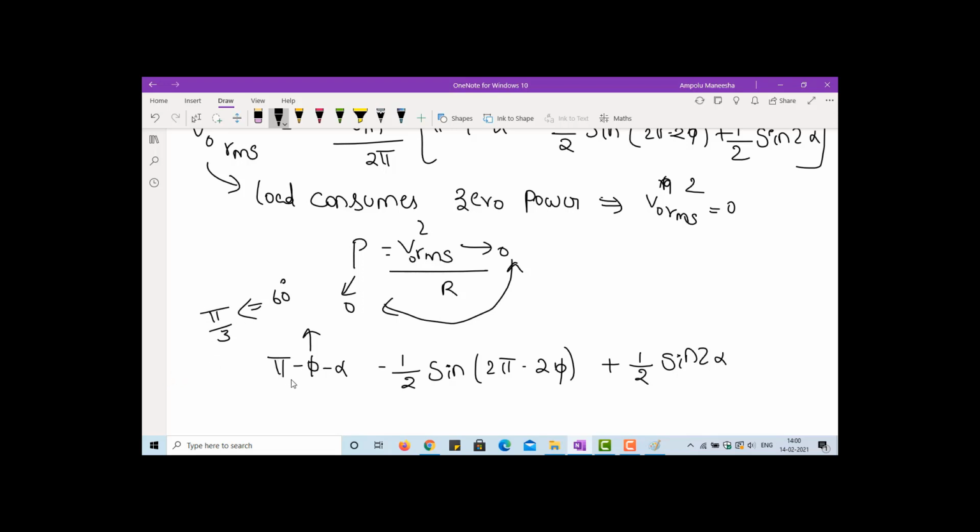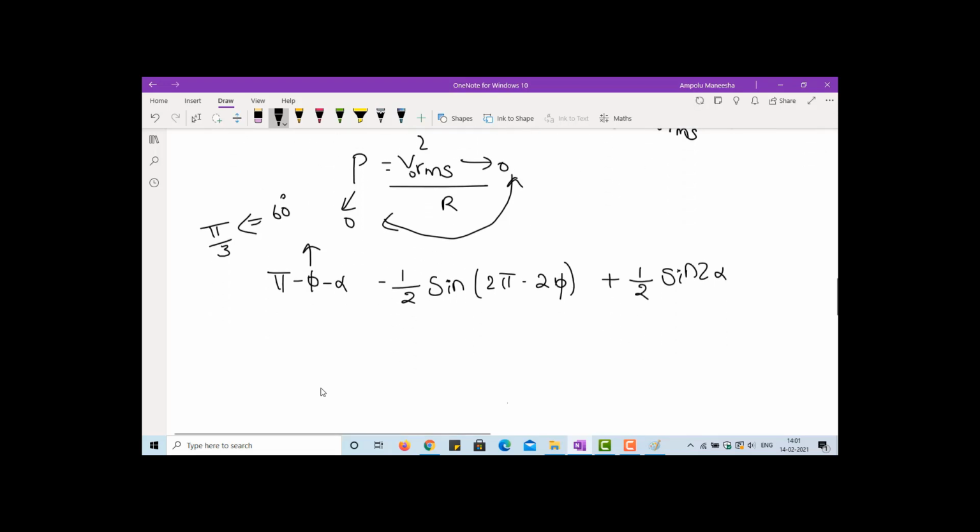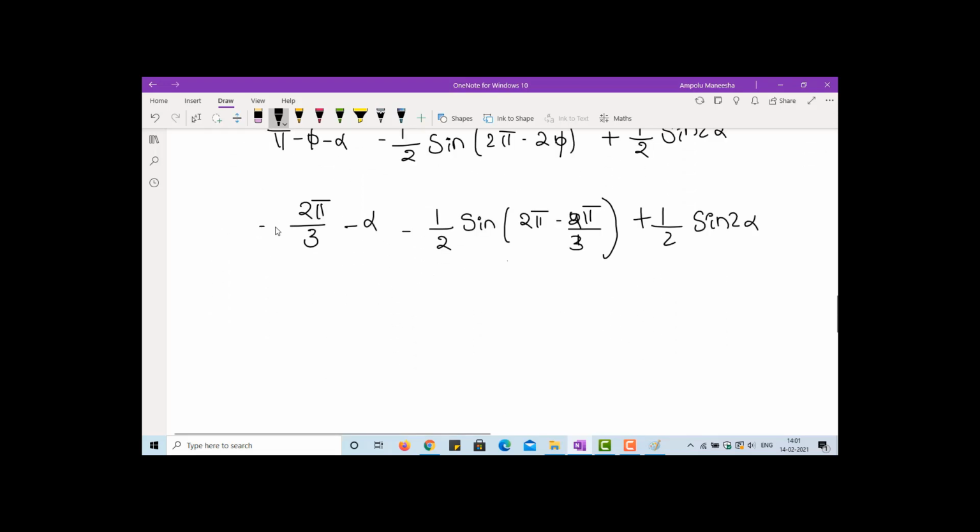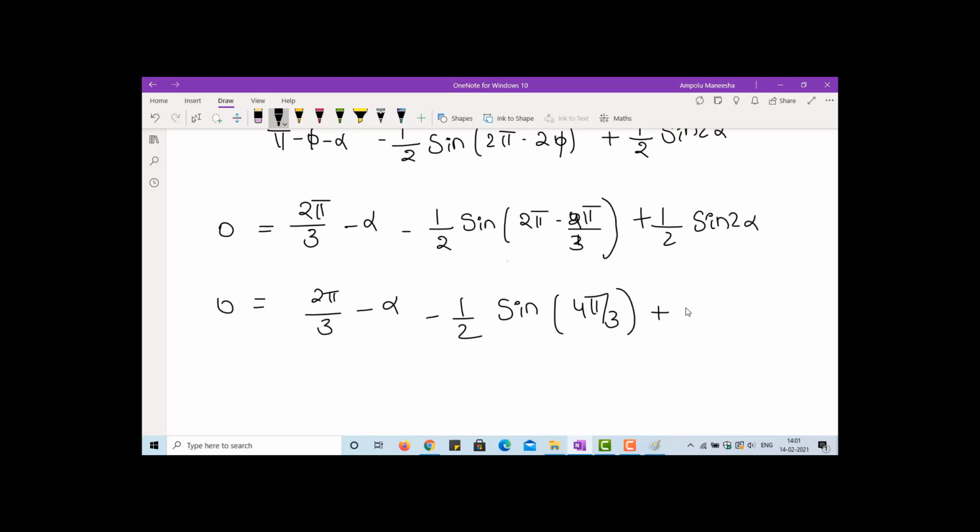After substituting the load angle, pi minus pi by 3 is 2 pi by 3, right? So, 2 pi by 3 minus alpha minus 1 by 2 sin 2 pi minus 2 pi by 3, which is 4 pi by 3, plus 1 by 2 into sin 2 alpha.